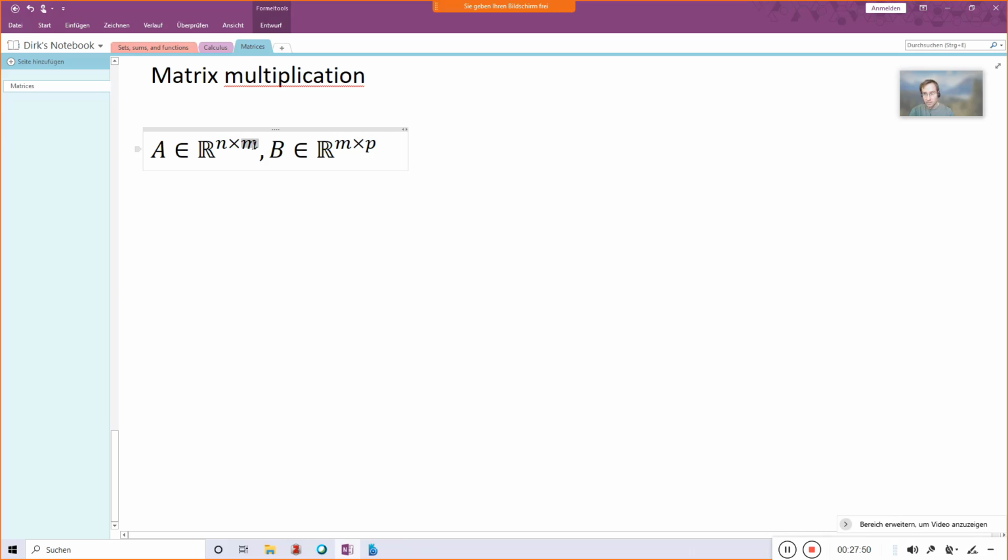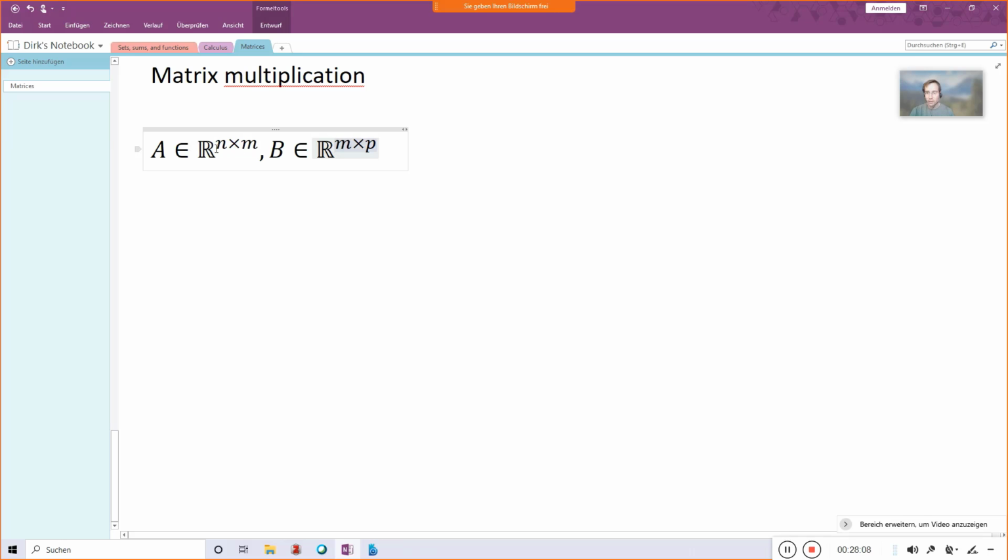These m's here, it is no coincidence that both are m, but this is necessary for the matrix product to be defined. And these m's are also called the inner dimensions. They need to be identical.